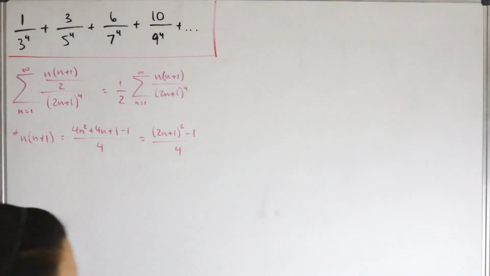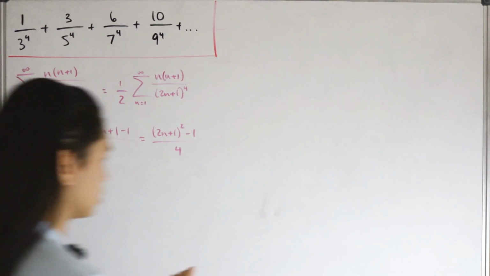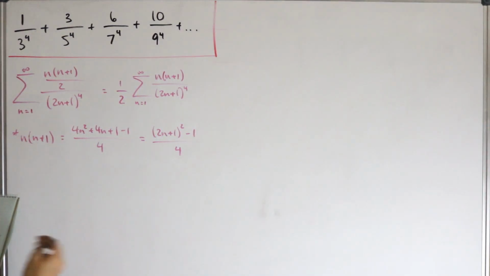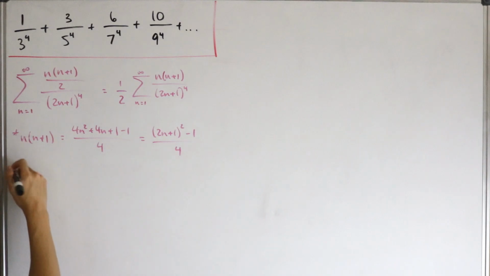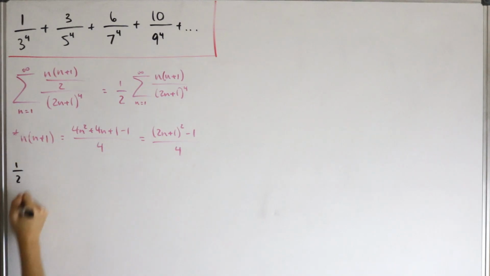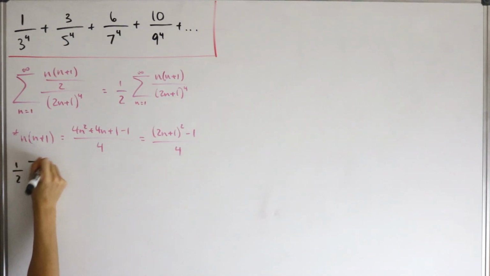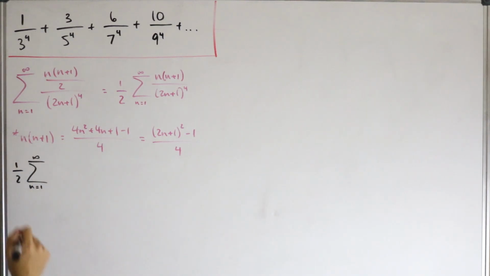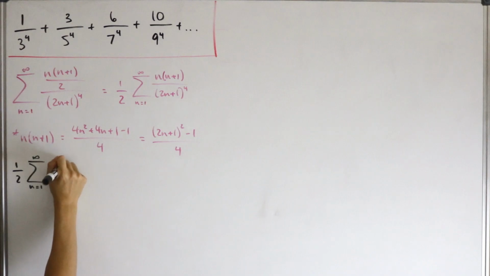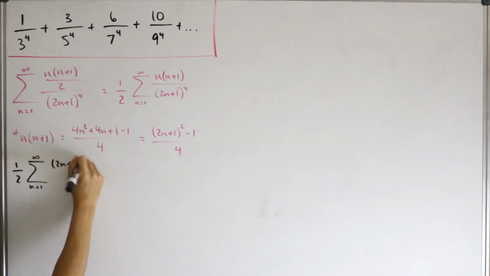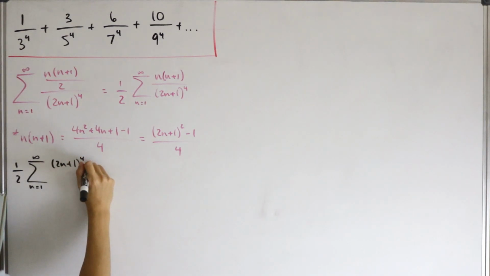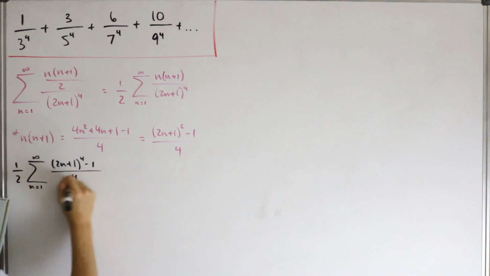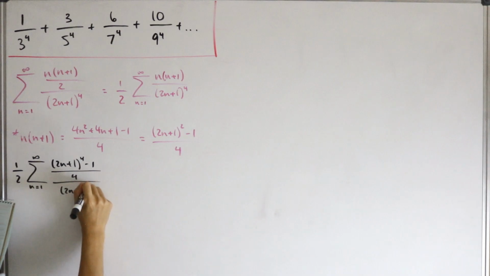So in other words, let's switch to a different marker to continue on with this. What we have is 1/2 multiplied by the infinite sum, n equals 1. Substituting, we have 2n plus 1 to the power 2, then subtract 1, then divided by 4, and of course our denominator is still 2n plus 1 to the power 4.